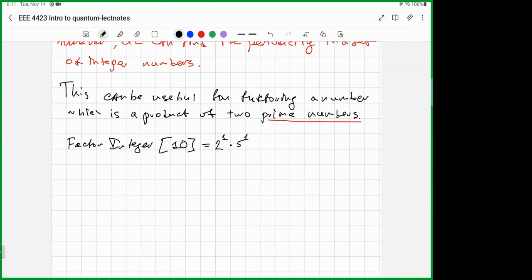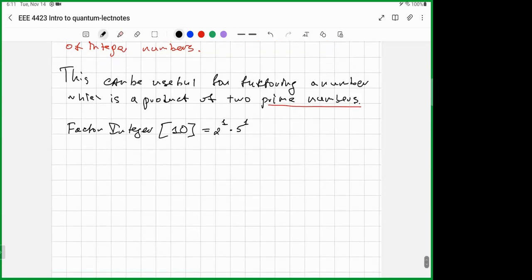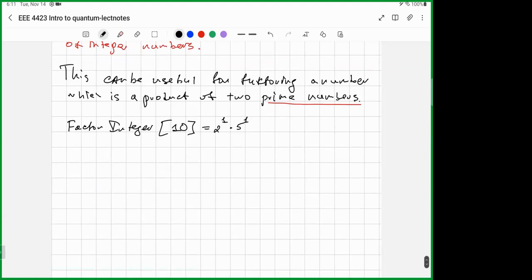So I take 2 and 5, take the product of them, and it gives me 10. So this is the representation of 10 as the product of two prime numbers, 2 and 5.